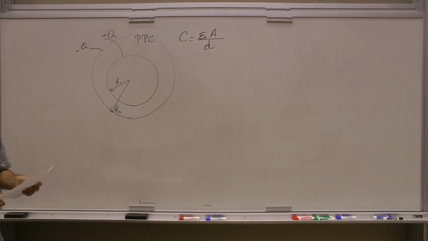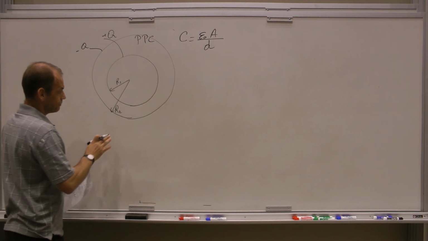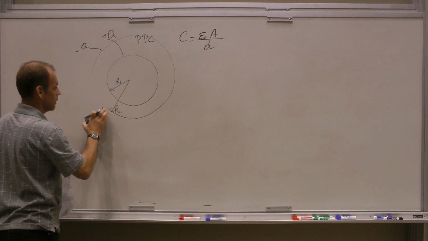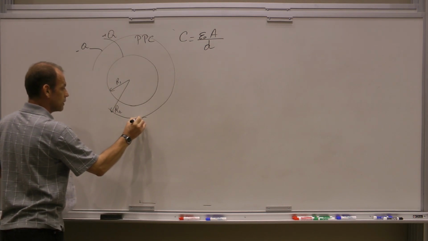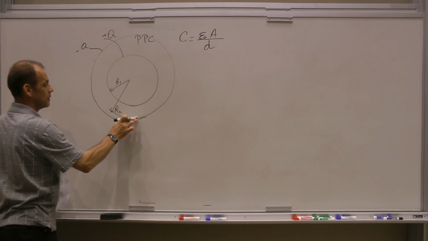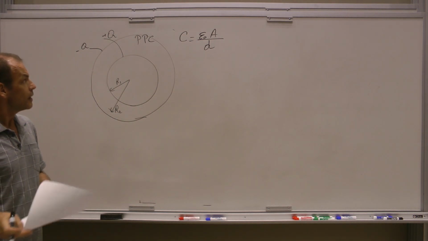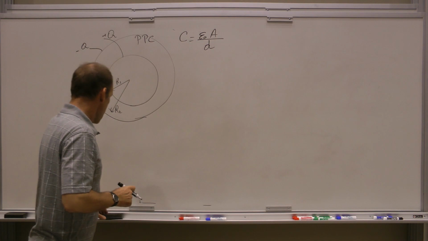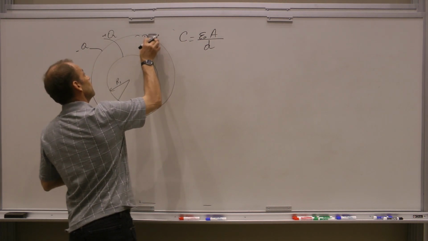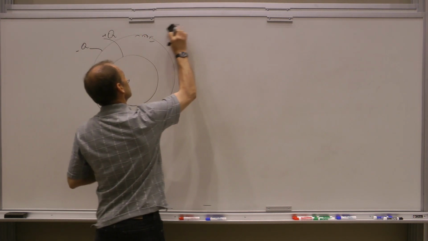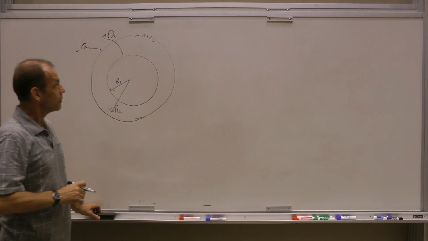So here's our parallel plate capacitor, assuming that it is nicely spherical. And the purpose of this calculation is to determine now what is the capacitance of a spherical capacitor this way.